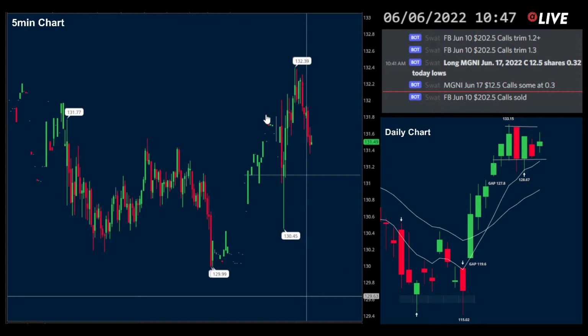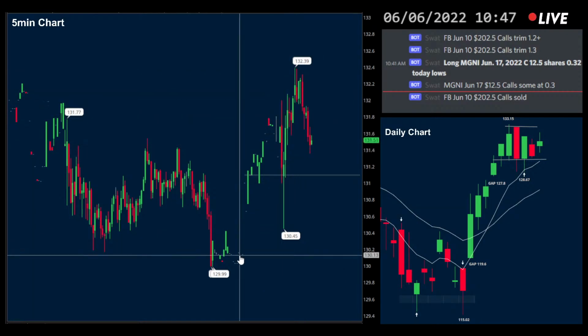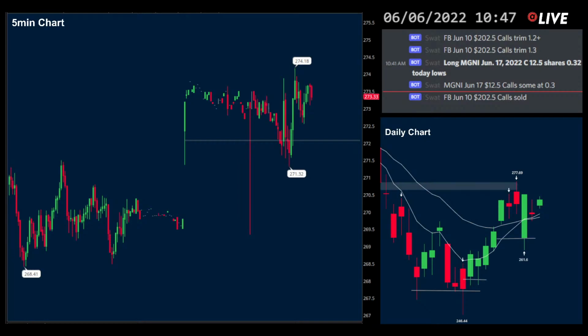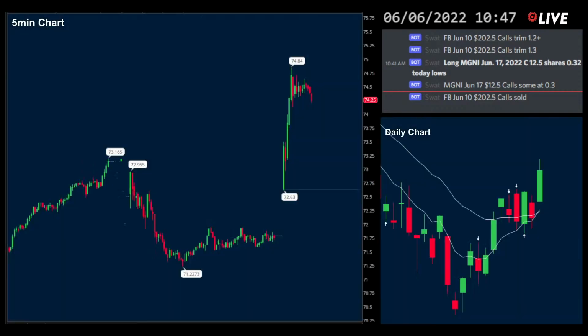JP Morgan had some bull flow out of the gate, but stalled. Microsoft stalled, NVDA slow, stalled. Oracle fading. Okay, after that initial bull flow, some fading.